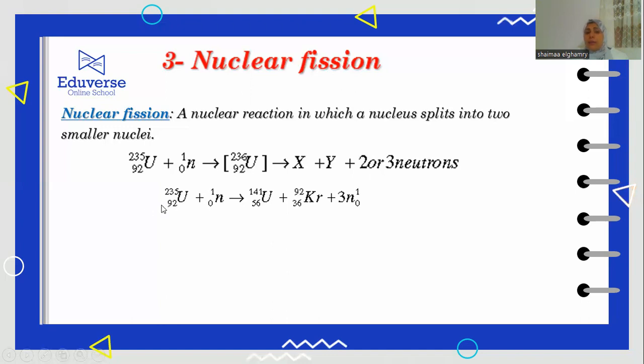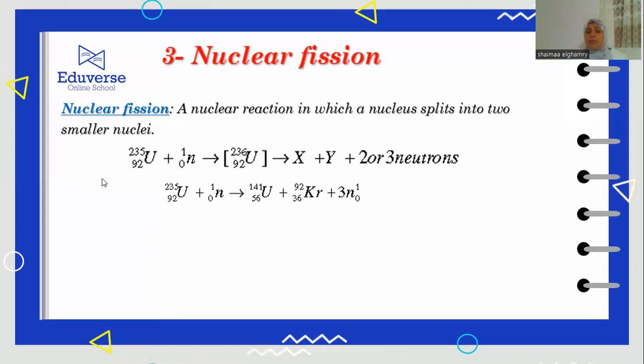So here we have an example, uranium 92, 235 plus neutron 0, 1 give us krypton 36, 92 plus 3 of neutrons. And this is different from one equation to another.